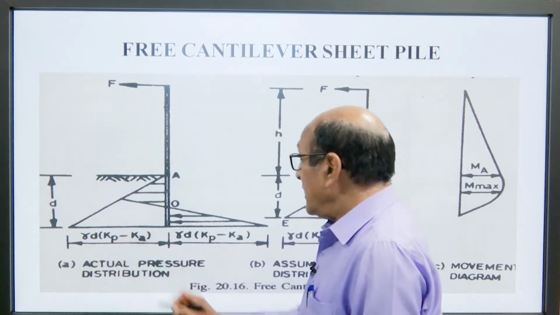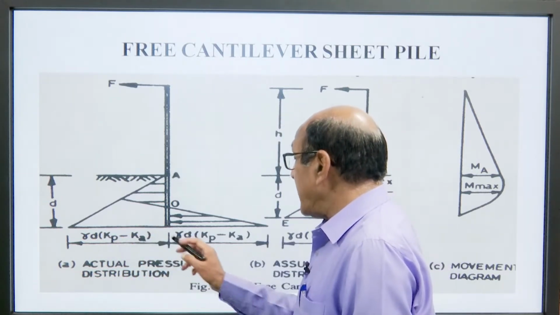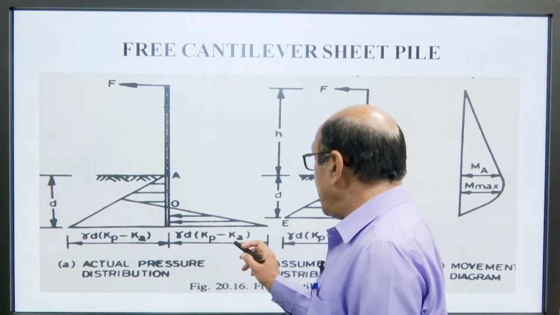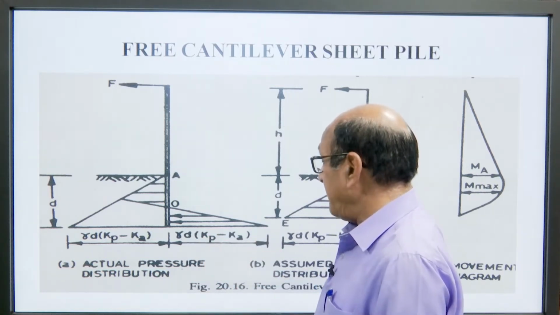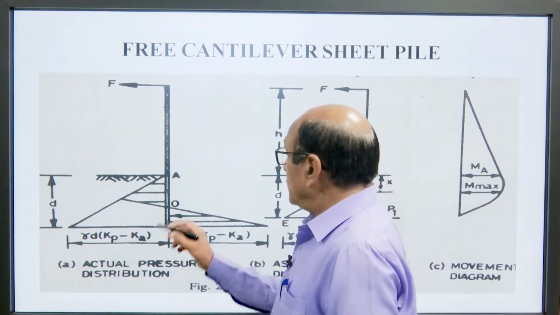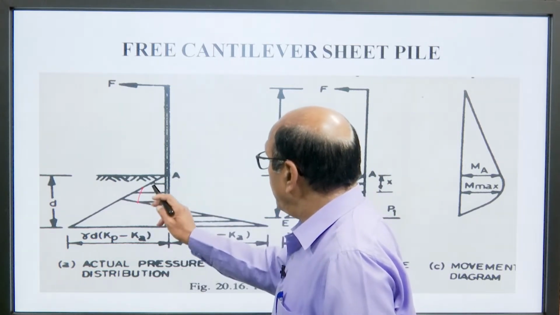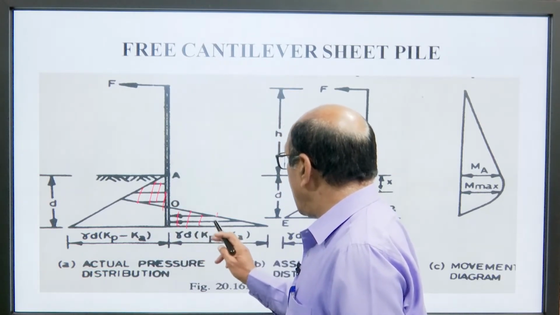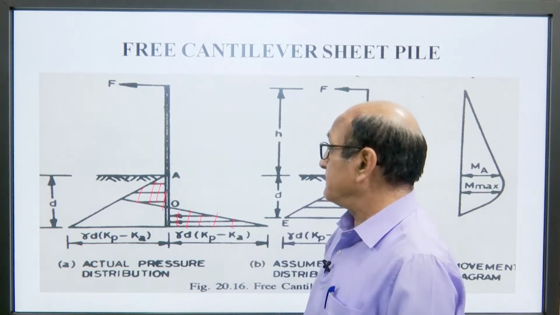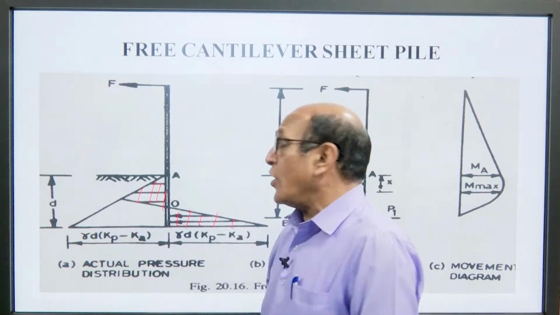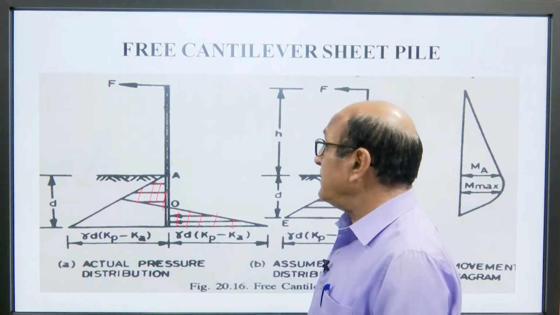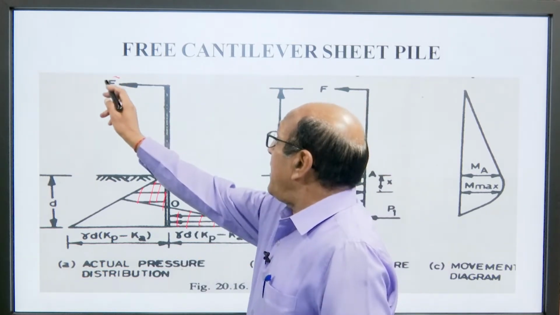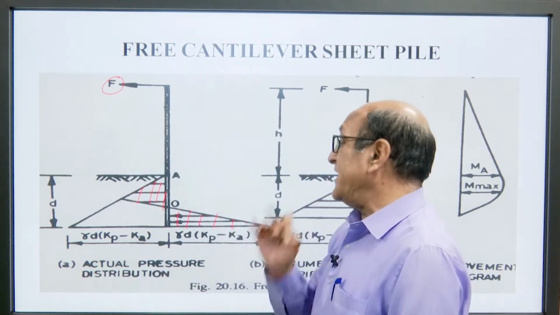So, K d will be gamma into K p minus K a, here also gamma d K p minus K a. So, this is the active and passive earth pressure. This is the depth of the sheet pile below the dredge level. Here F is acting towards the dredge line.